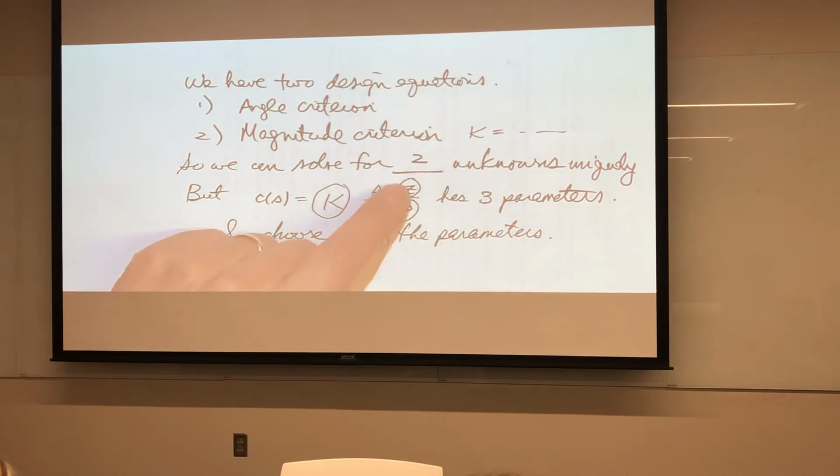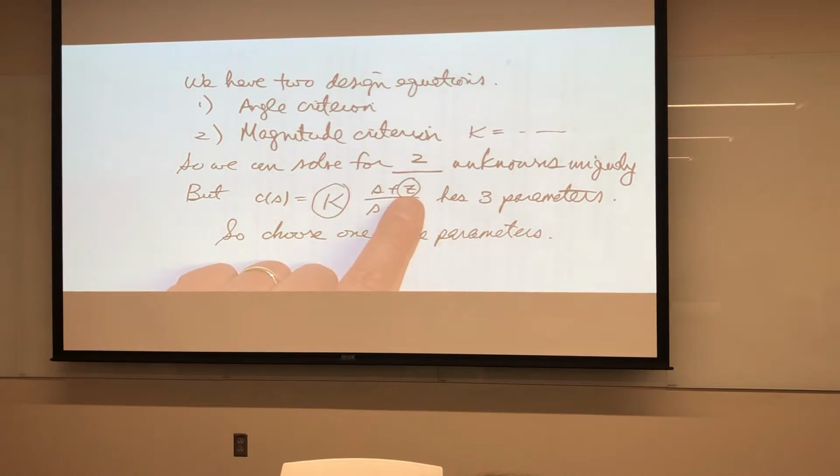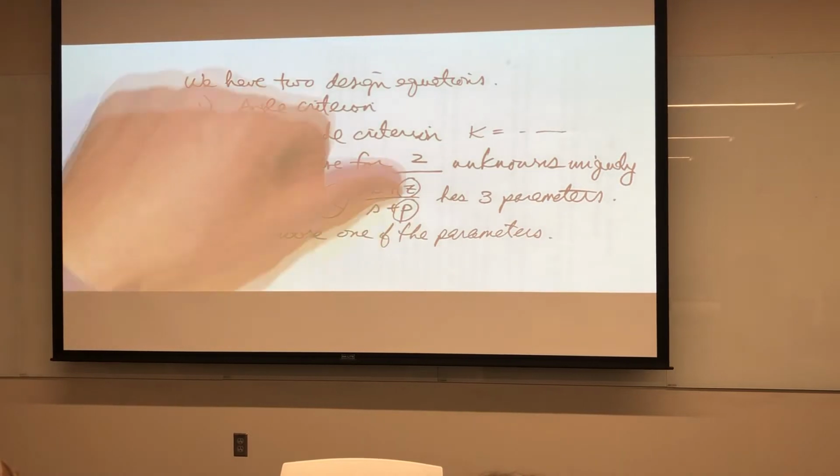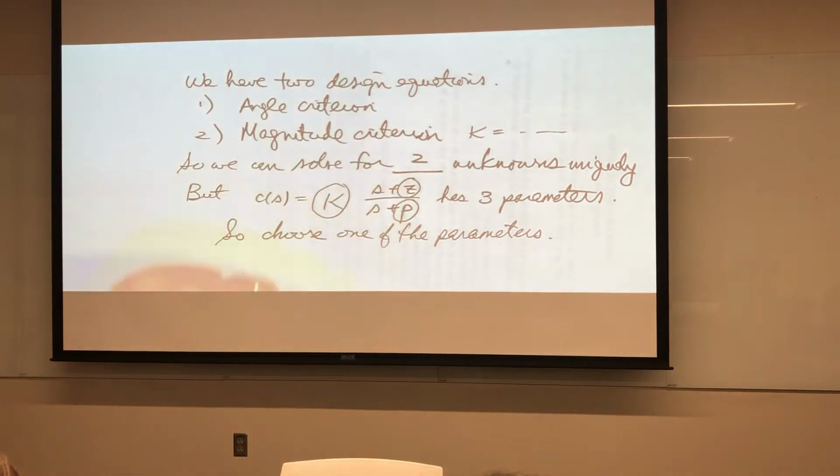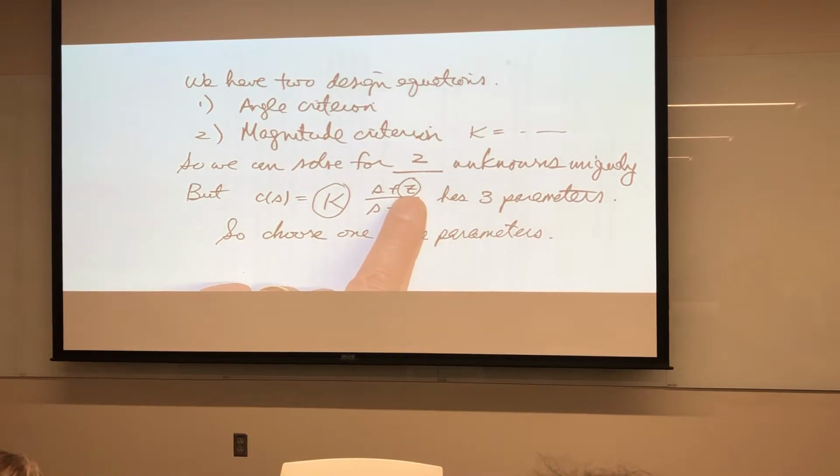So that means we're down to choosing z or choosing p. If you review some of the old exams, some years, I gave a z and said design p. Other semesters, I gave a p and said design z. So choose one of the parameters, not K.